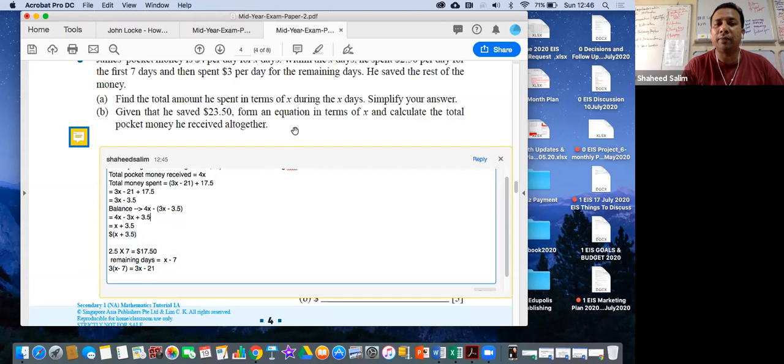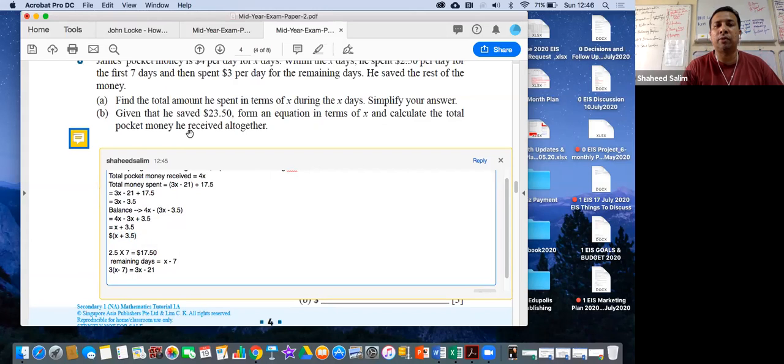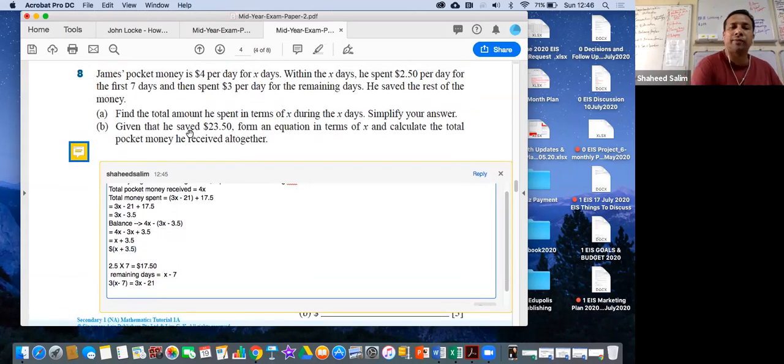Please calculate the total amount of money you receive. So they want you to find x first. Once you find x, you can find the total money you receive.